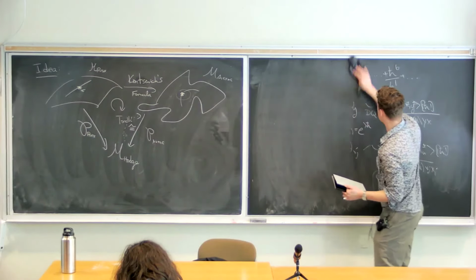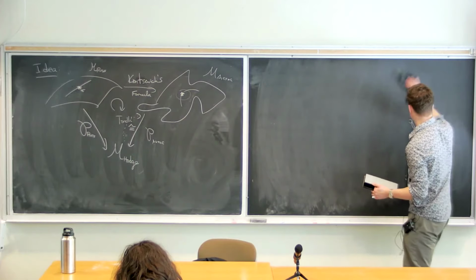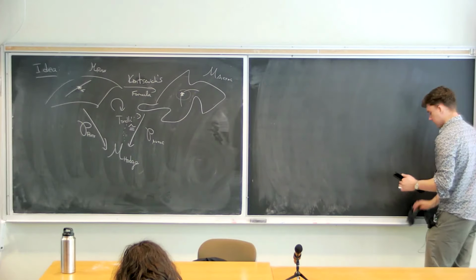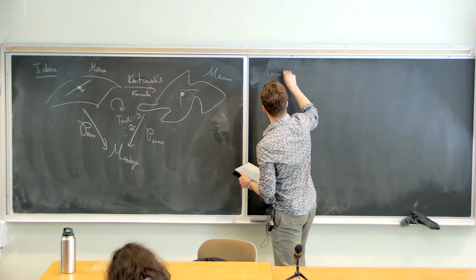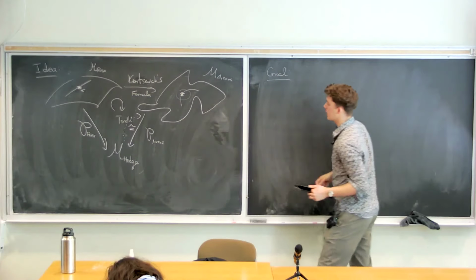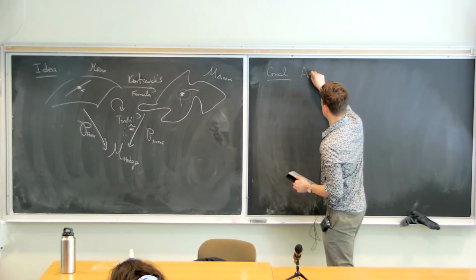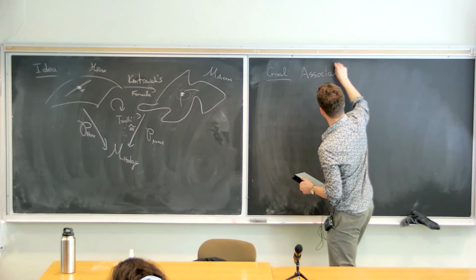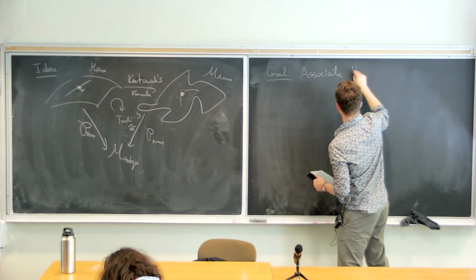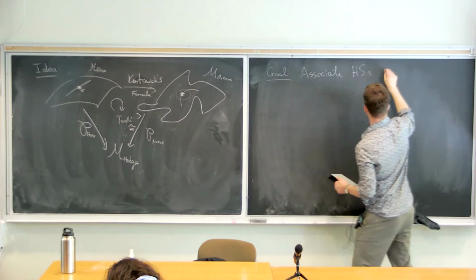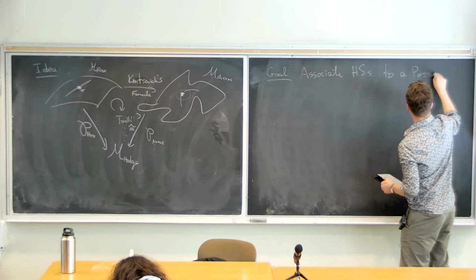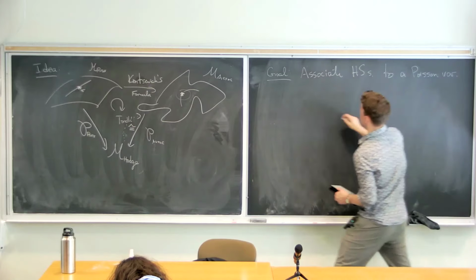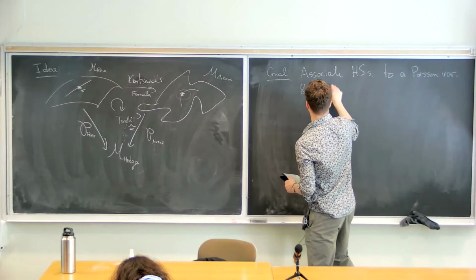So to do this, the first thing you'd have to do is associate Hodge structures to a Poisson variety and associative algebra.